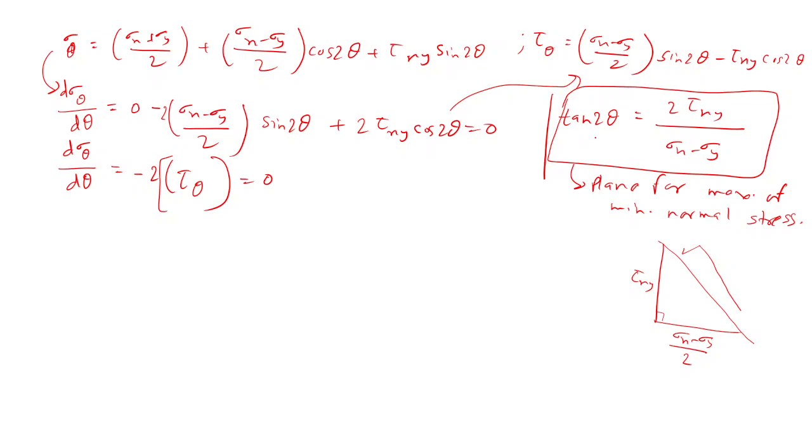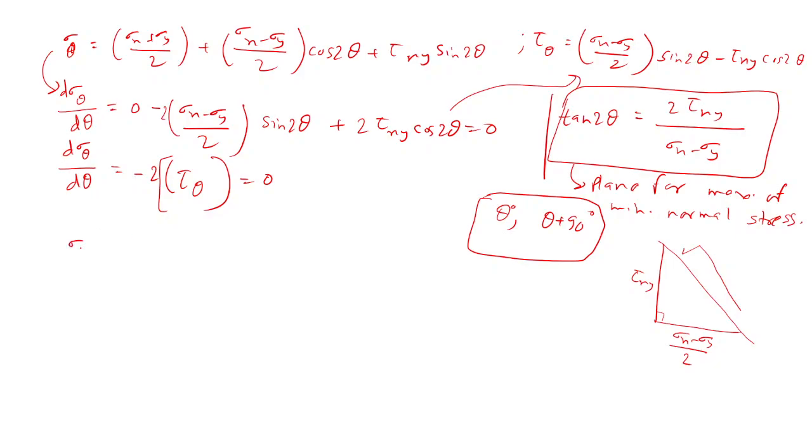This would be for 2 theta and theta plus 90, correct? So for one plane it would be the maximum and for one plane it would be the minimum. Okay, so those two values I am directly writing here now.